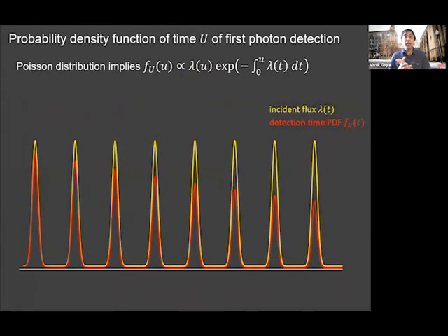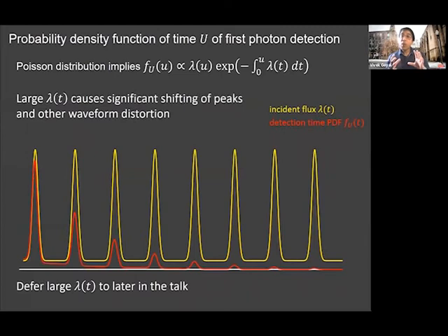All right, so we're detecting only one photon per pixel. What is the distribution of the time of the single detection? From the Poisson rate function lambda, we get the PDF shown on this slide. When the incident flux is large, there's a significant shifting of the peaks and other waveform distortion.